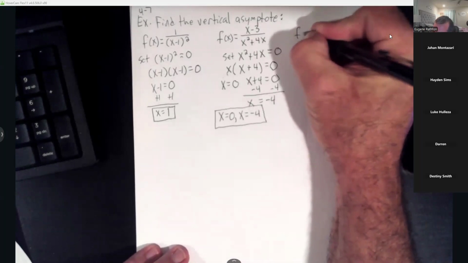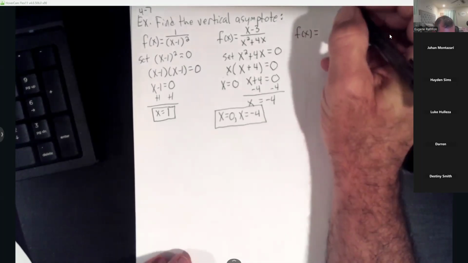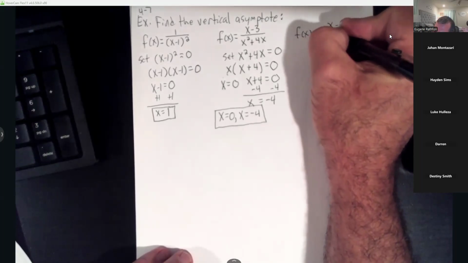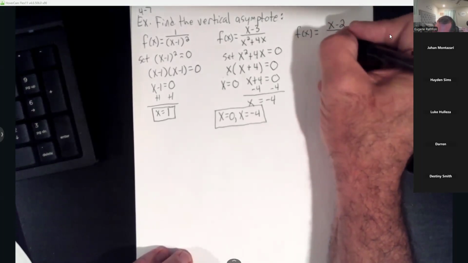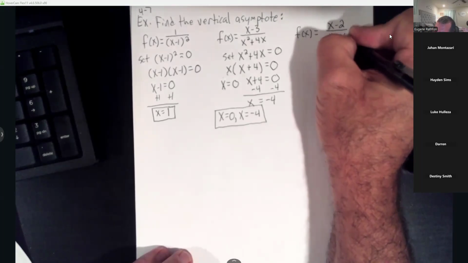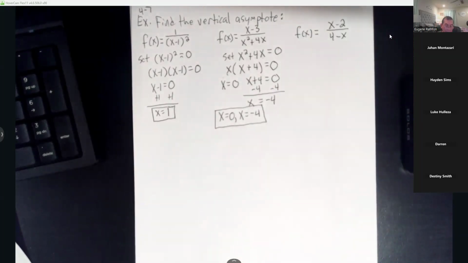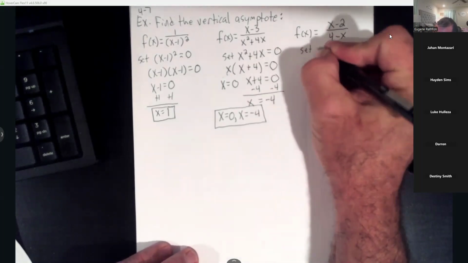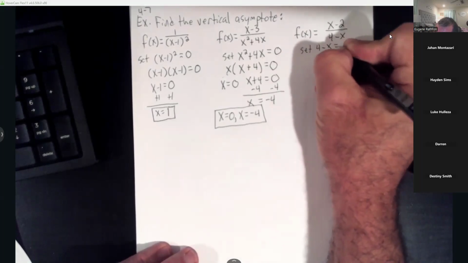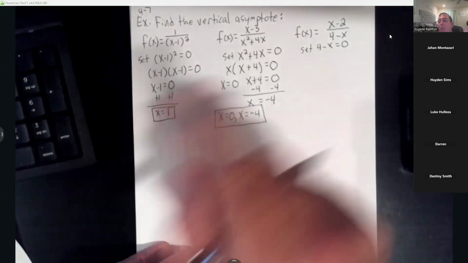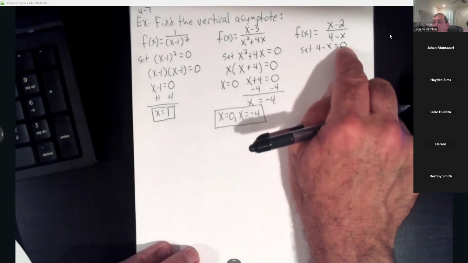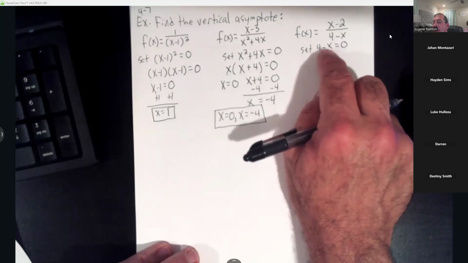All right, y'all, the third one, f of x equals x minus 2 over 4 minus x. So I'm going to set 4 minus x equal to 0. Now, y'all, when I had 8 minus x, I did it by moving the number over, and then I had to divide by negative 1.